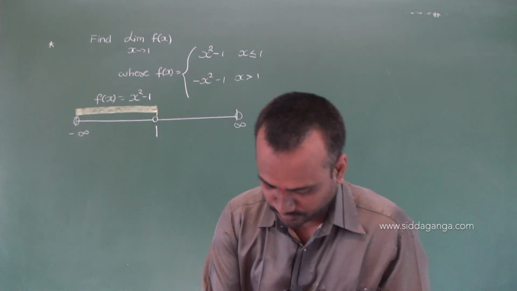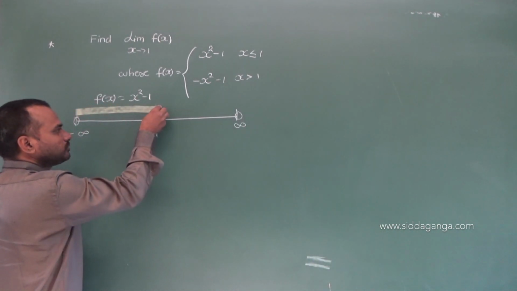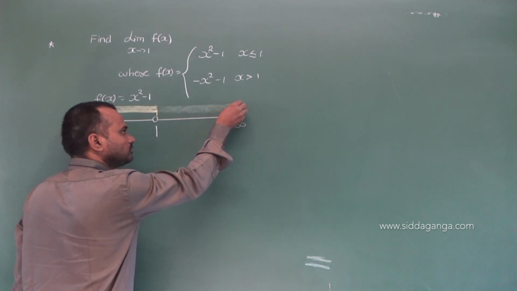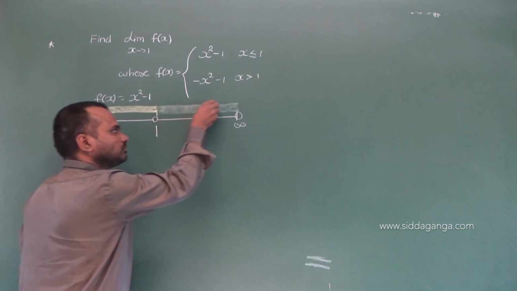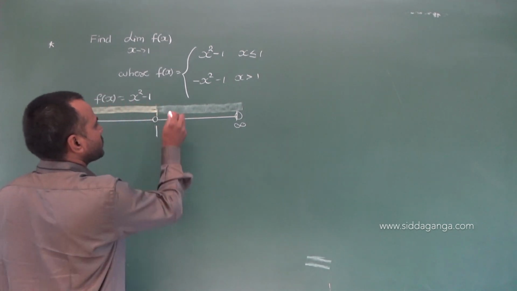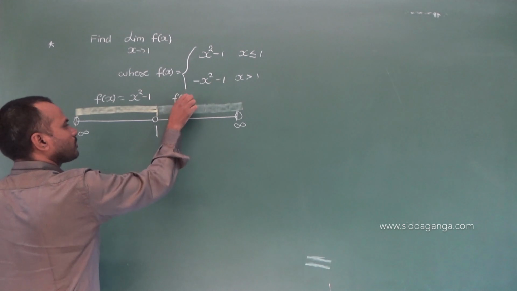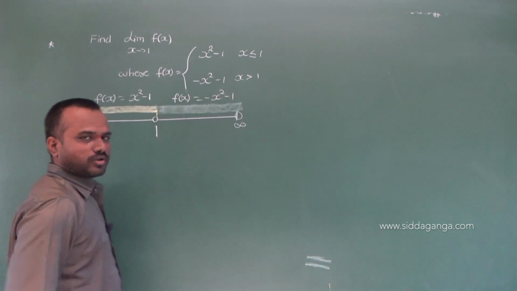For x greater than 1, we use the function minus x square minus 1.